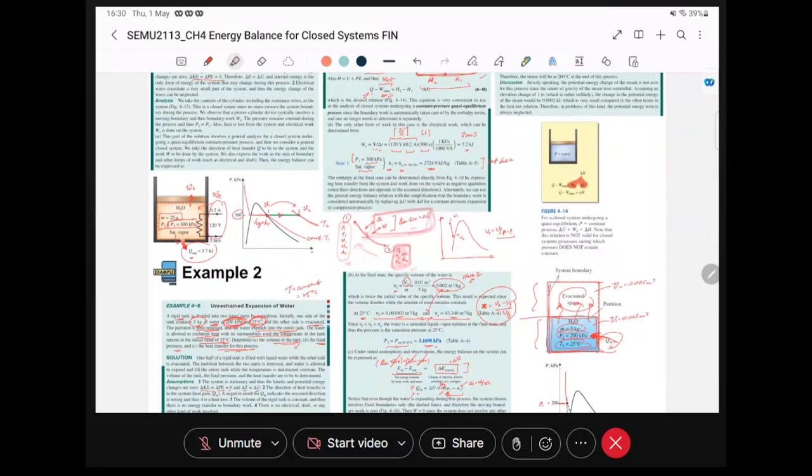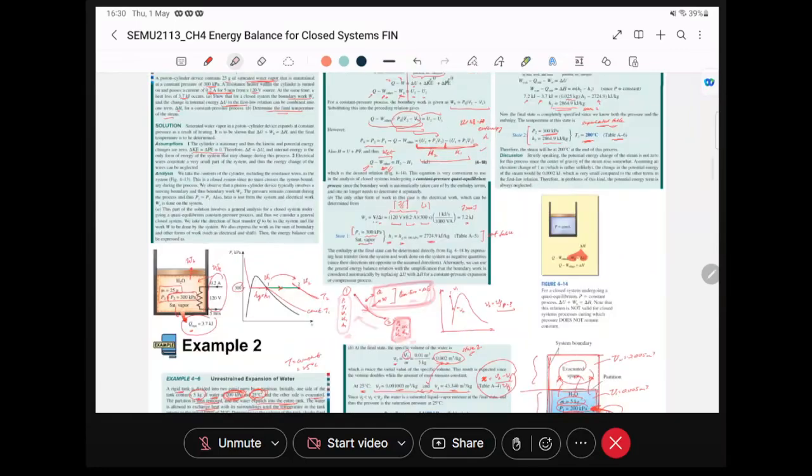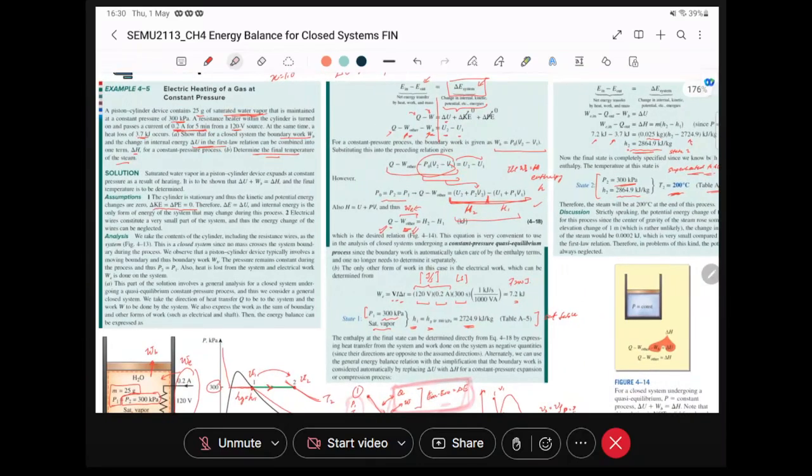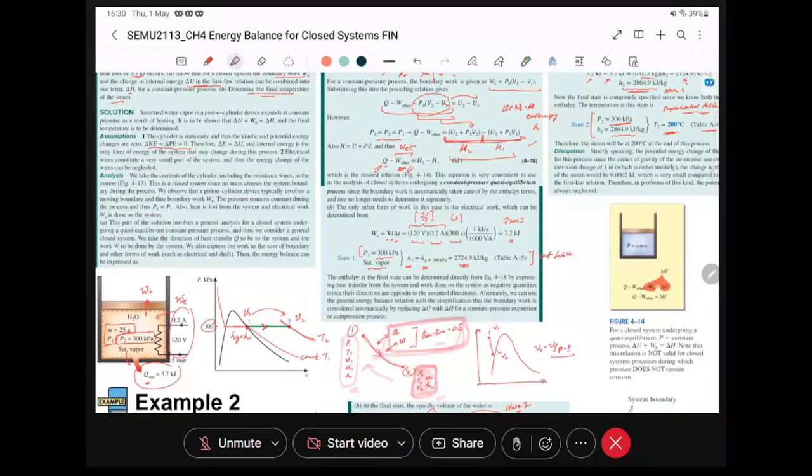Doctor, I have a question. Yeah. For example 1, it states that it's a quasi-equilibrium process, then the work is done by the system. What does that mean? Because electrical energy is the work done to the system. Why is it done by the system? Done by the system.